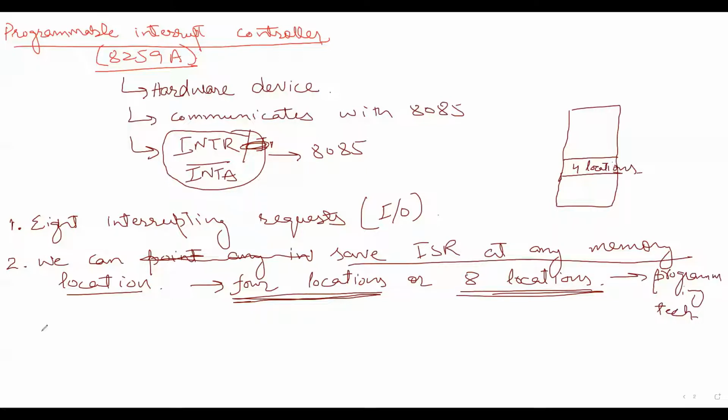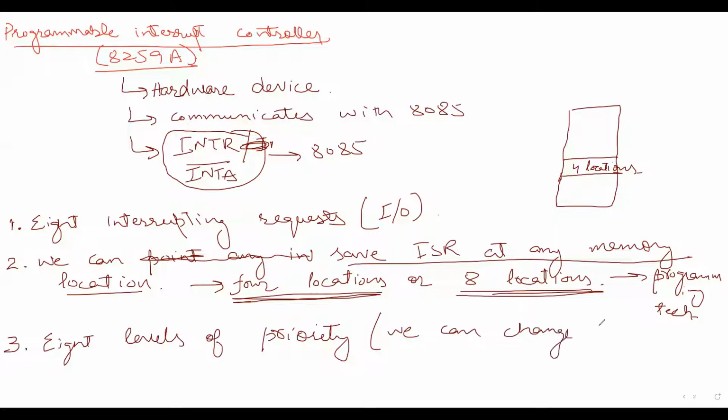And the third advantage of using a programmable interrupt controller is that we can have 8 levels of priority, because there are 8 interrupting requests, and we can change these priorities. Okay, this is the other advantage.